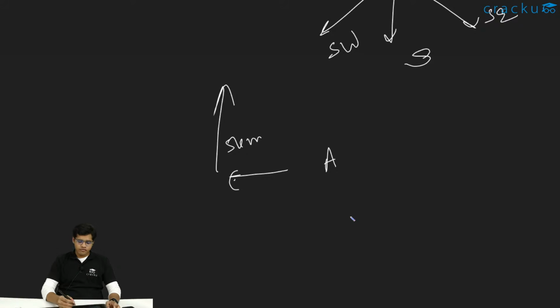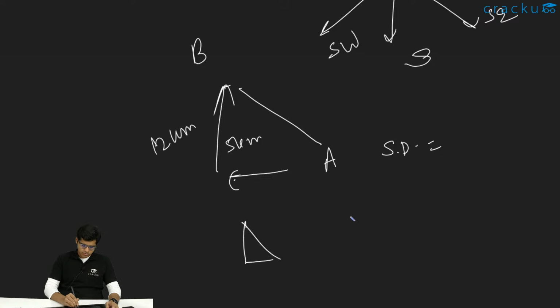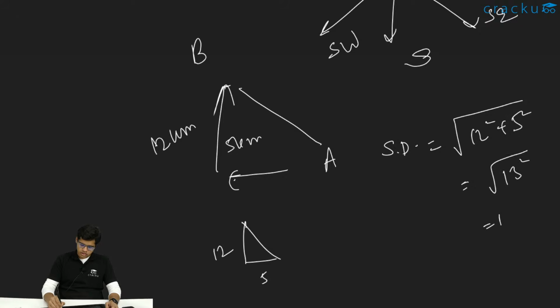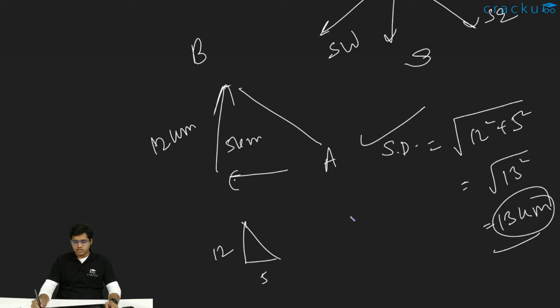Let's say he moves 12 kilometers after taking the right. He has reached a position, say B. What is the shortest distance between A and B? You can apply the Pythagoras theorem, 5 and 12. So the shortest distance will be root of 12 square plus 5 square, which is root of 169, equal to 13 kilometers. So the shortest distance is 13 kilometers, right?